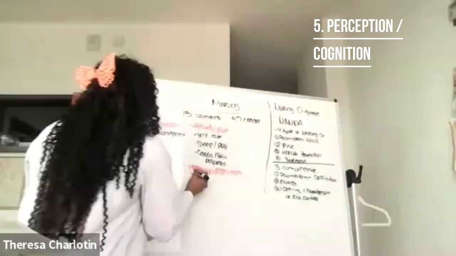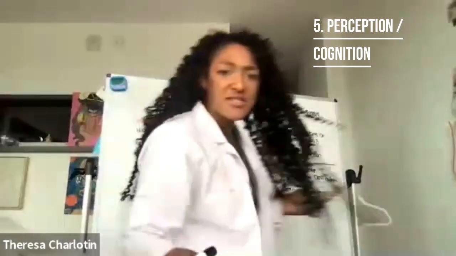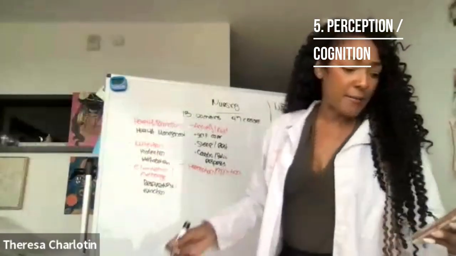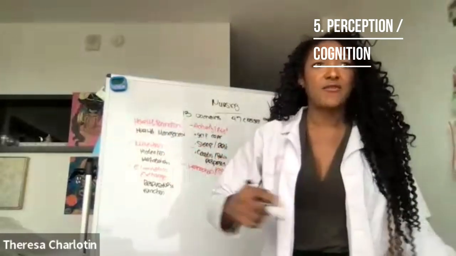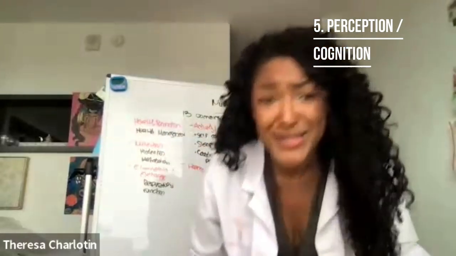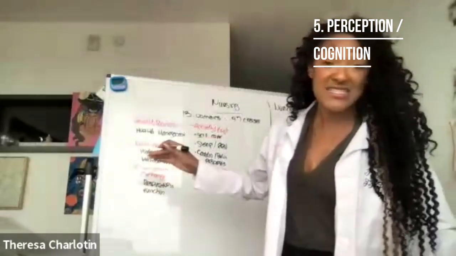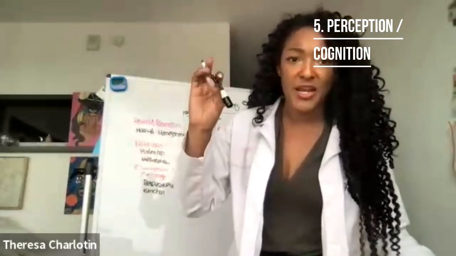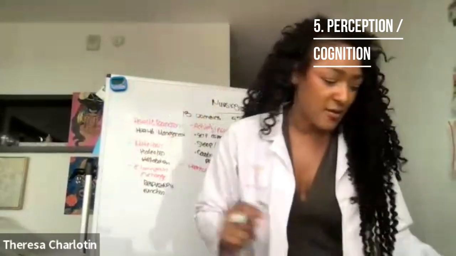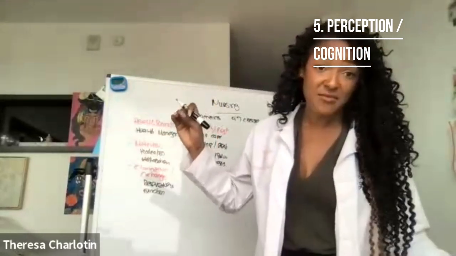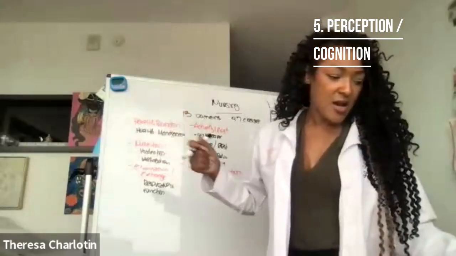Perception and cognition. This has to do with LOC, attention, orientation. Patient has inefficient attention, or whatever. That's literally ADHD we're talking about. Okay, sensation, perception. If you're diabetic, you have a deficit in sensation in your fingertips.